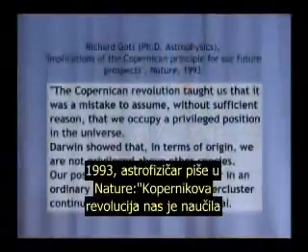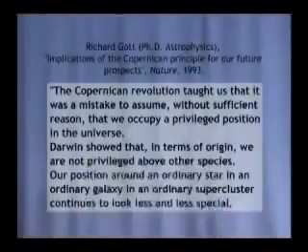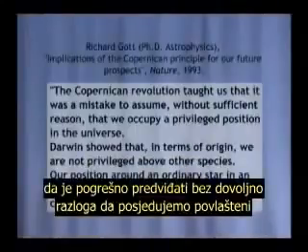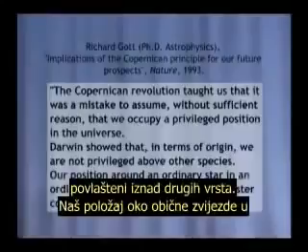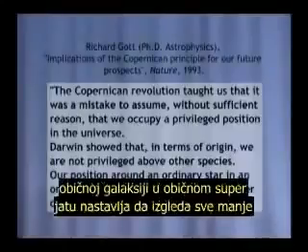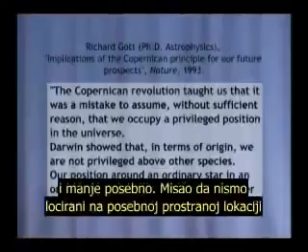An astrophysicist writes this in 1993 out of Nature. "The Copernican revolution taught us that it was a mistake to assume without sufficient reason that we occupy a privileged position in the universe. Darwin showed that in terms of origin, we are not privileged above other species. Our position around an ordinary star in an ordinary galaxy in an ordinary supercluster continues to look less and less special."